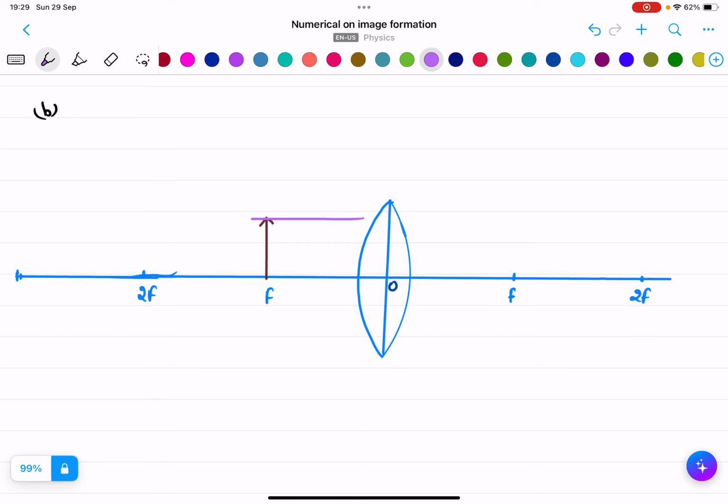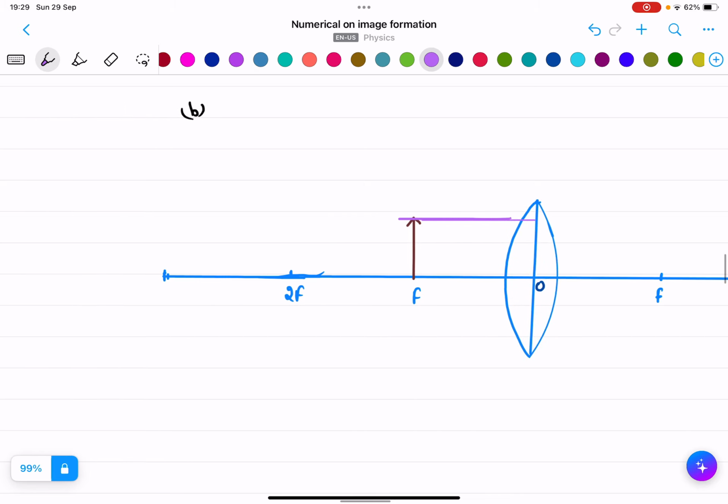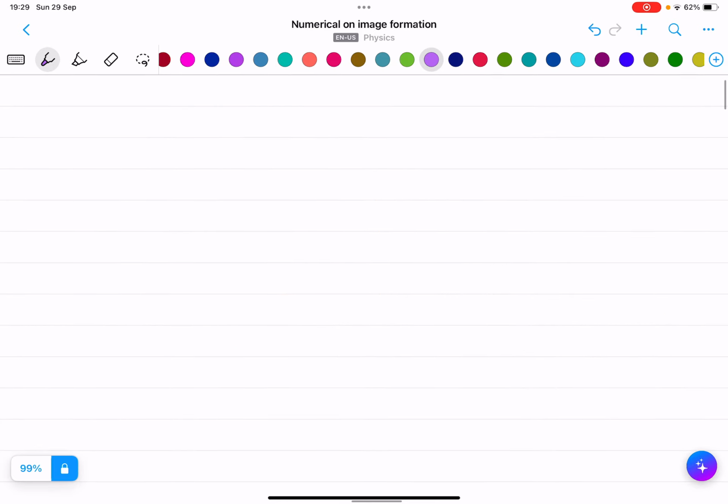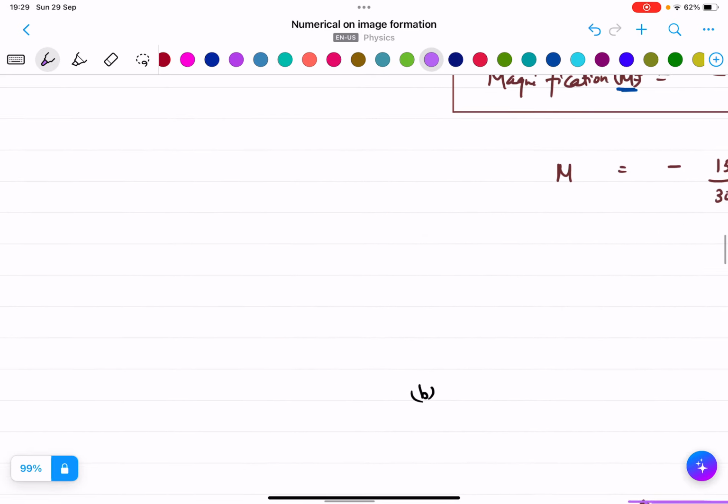The first rule says a ray parallel to the principal axis will pass through the focus. Second rule, a line from the optical center passes straight through. And third rule, because the object is already at focus.